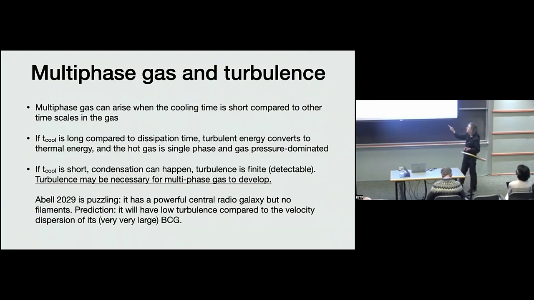If the cooling time is long compared to this dissipation time scale, you'd expect single phase plasma, no condensations, and actually relatively low turbulent support as well. So there is a system that's kind of puzzling in this whole picture of BCGs that are on versus BCGs that are off.